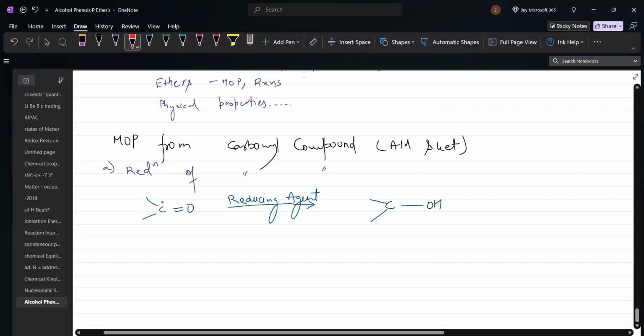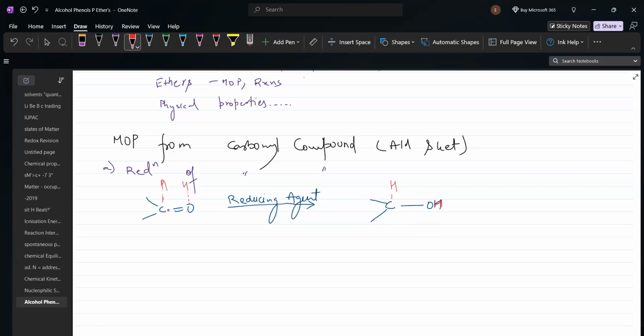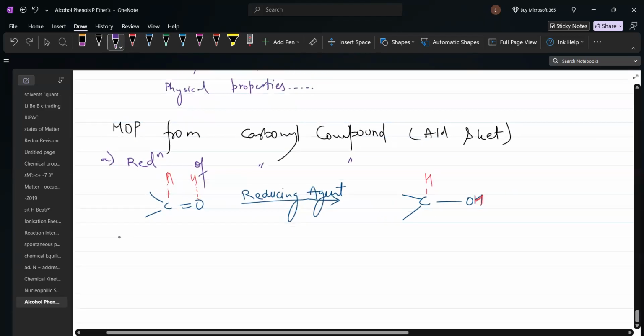Hydrogen is added on both sides, on oxygen and on carbon, from the reducing agent. The double bond between carbon and oxygen breaks, and this alcohol is formed. Understood, everyone? Please note it down and write down the statement with me.